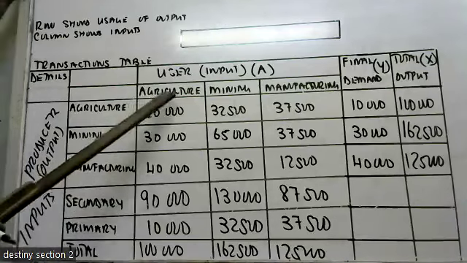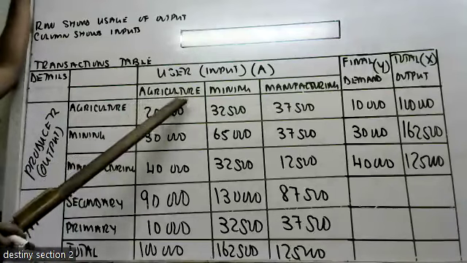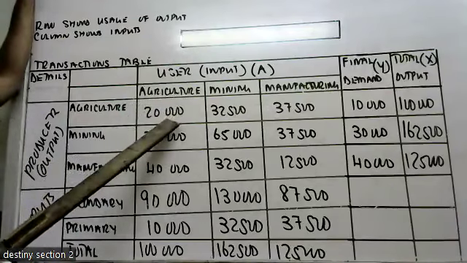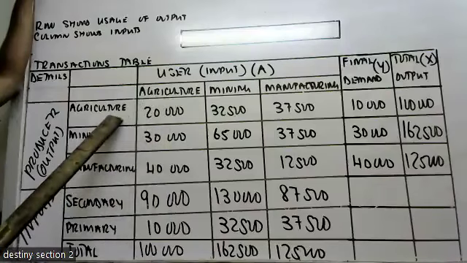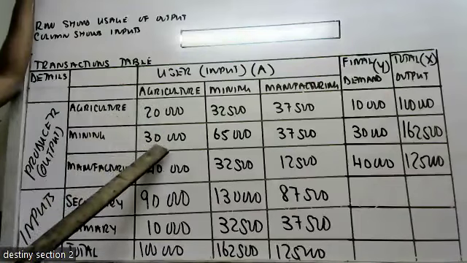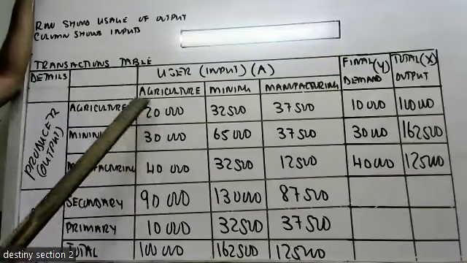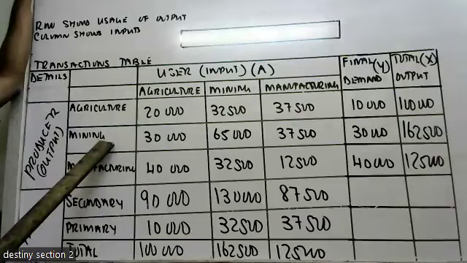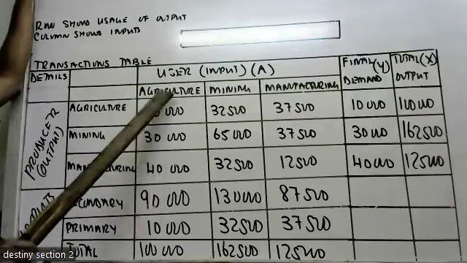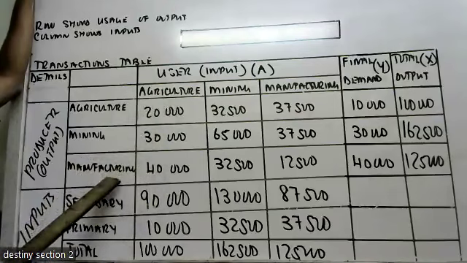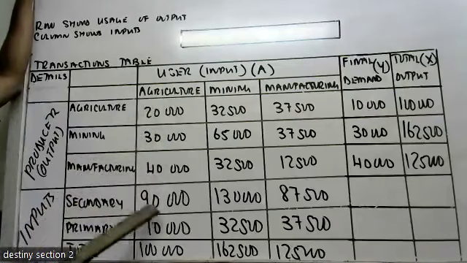If you interpret this column of agriculture, this 20,000 is the input to agriculture that has come from agriculture. 30,000 is the input to agriculture that has come from mining. 40,000 is the input to agriculture that has come from manufacturing.